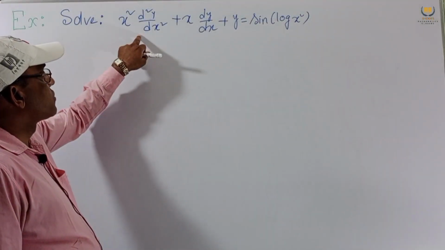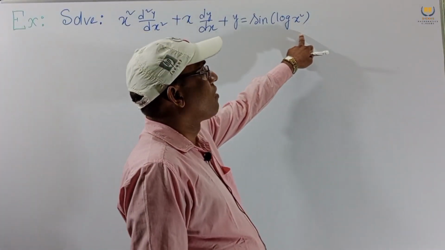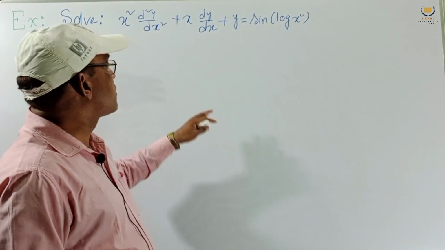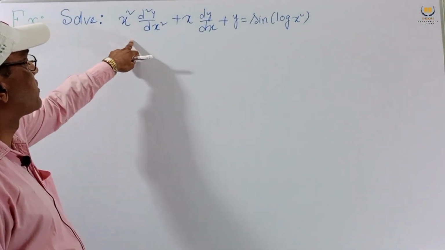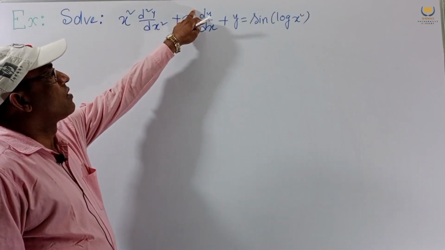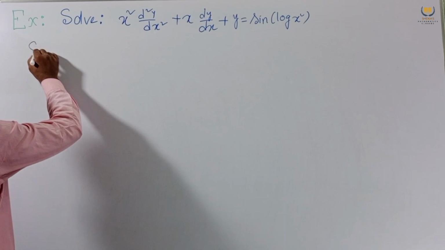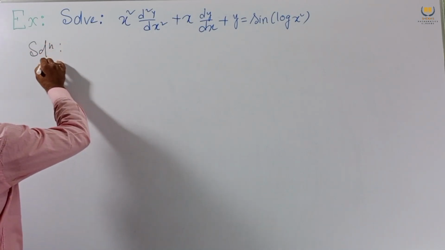Solve x square d square y by dx square plus x dy by dx plus y equal to sine log of x square. This is also a homogeneous linear differential equation because here is x square, here also second order. This is degree 1, this is order 1. So this is a homogeneous linear differential equation.